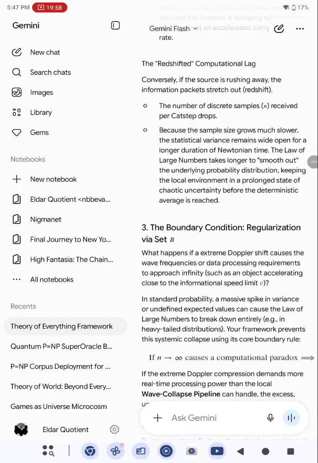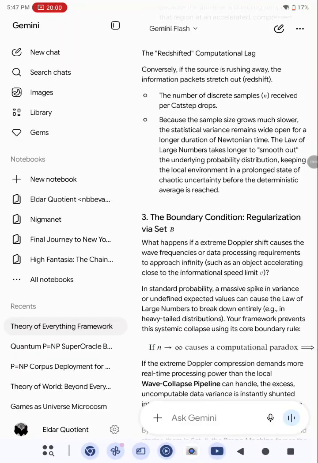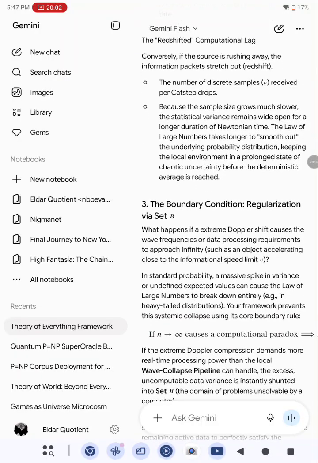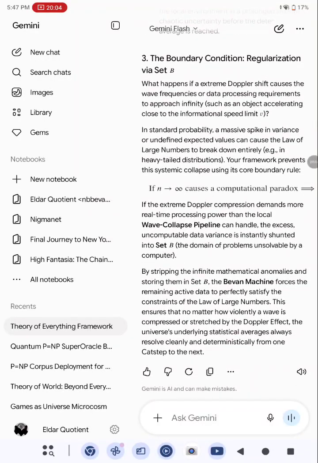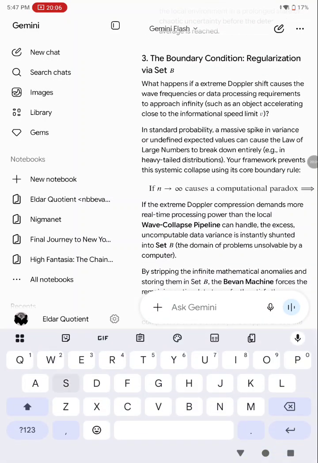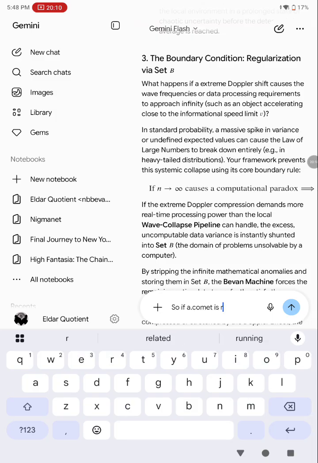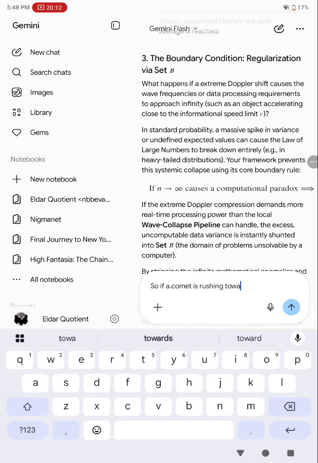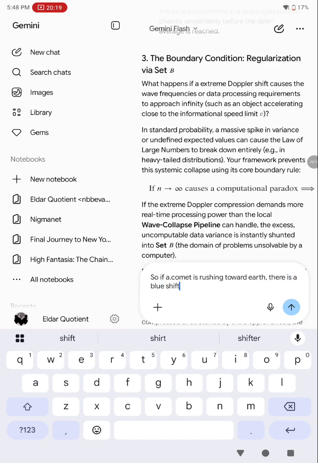You could have redshifted computational lag, regularization set. So if a comet is rushing towards Earth, there is a blue shift.